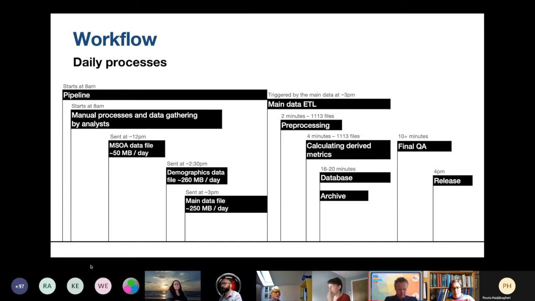We also prepare the MSOA data file at that point and send that over to Courier, and demographics data, so the age breakdowns of cases and deaths sent around 2:30.